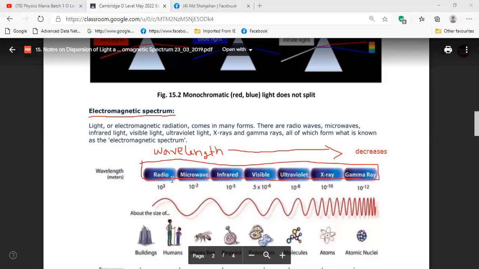So from here to here, radio to gamma ray, we have wavelength decreases, and all these electromagnetic waves travel at the same speed of light. Okay.